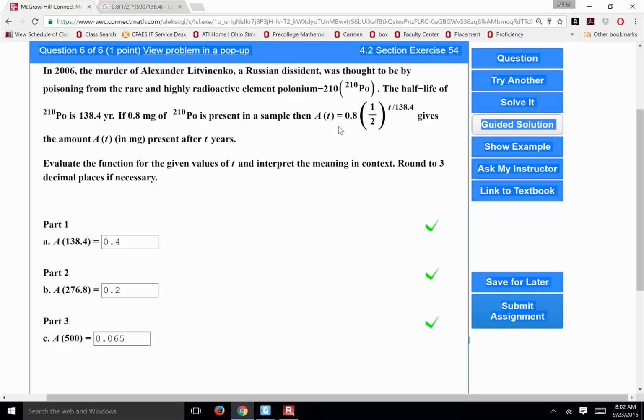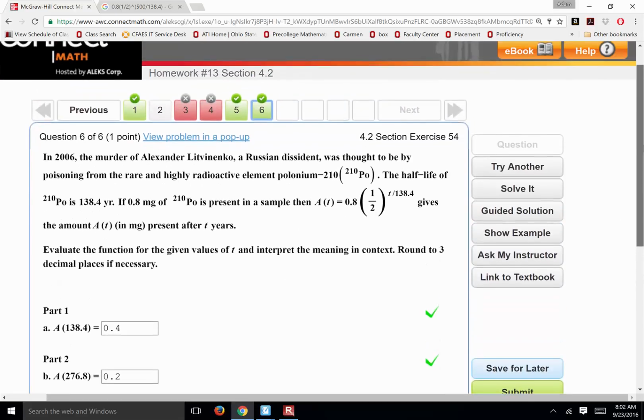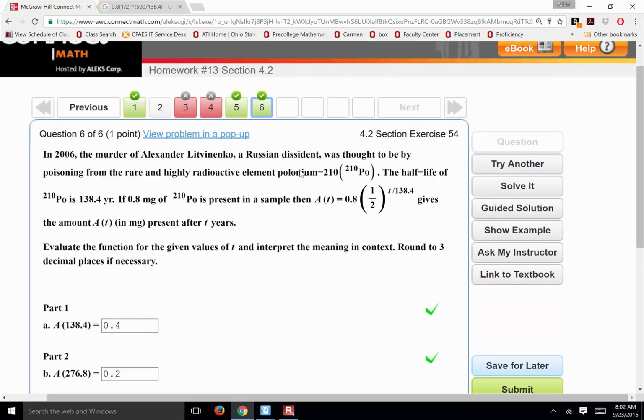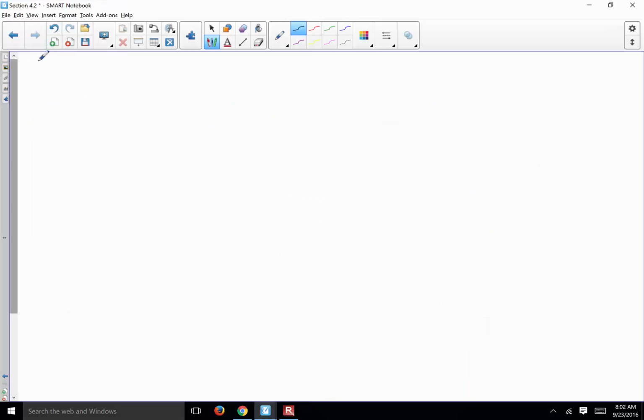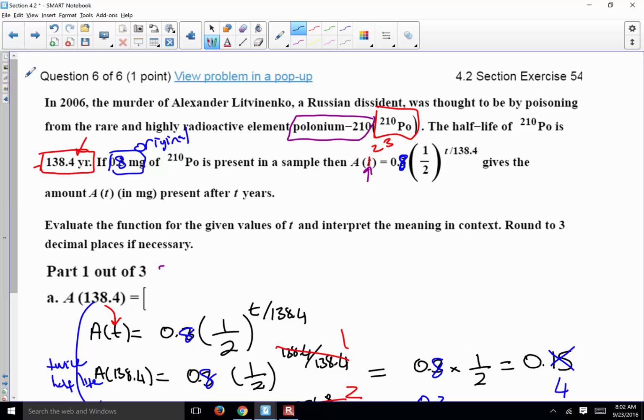How did they come up with this number? It's the same procedure. They measure the carbon in the bones, and they actually do, again, half-life computation. Okay? Alright, 4.2 is over. Exponential functions are done. Any questions?